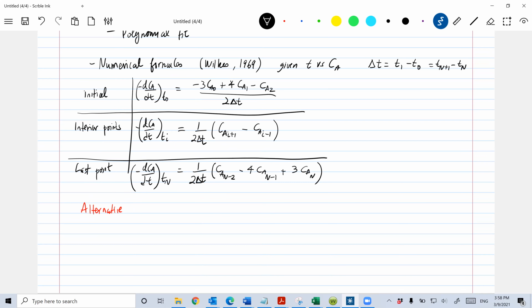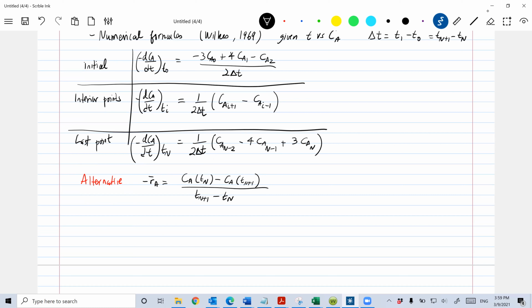The alternative is to get an average rate, which is CA at time n minus CA at time n plus 1, divided by tn plus 1 minus tn. So you can calculate an average rate there.